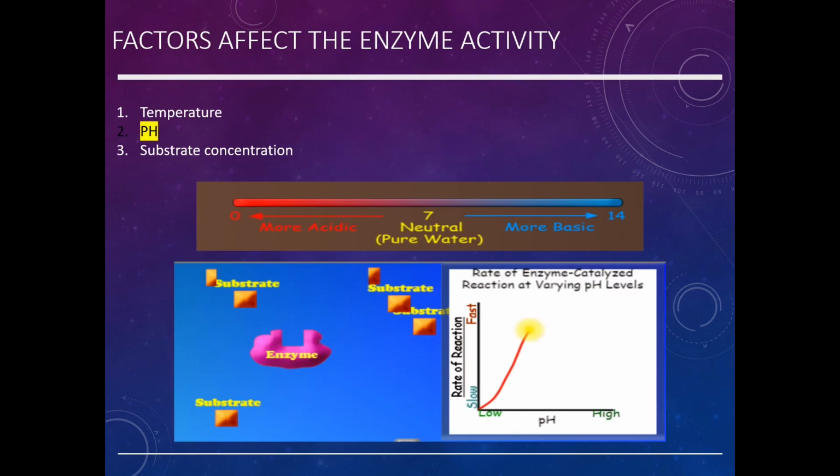The second factor that affects the enzyme activity is pH. You know the pH, the 7, it's the neutral. The less you go, the more acidic you have, and the more you go, the more basic you have.